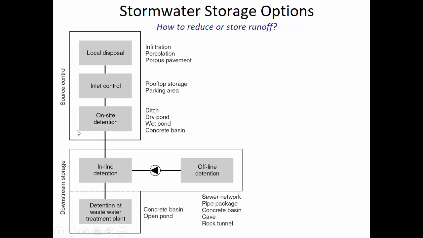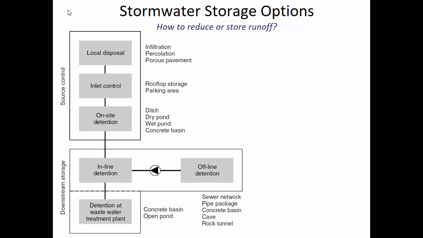And so there are some options that we have to reduce the volume of stormwater that gets downstream, or at the very least delay it. The source control options are the measures that can be taken to try and prevent the problem rather than manage the problem. You've heard the phrase that an ounce of prevention is worth a pound of cure, and that's absolutely true in stormwater runoff.